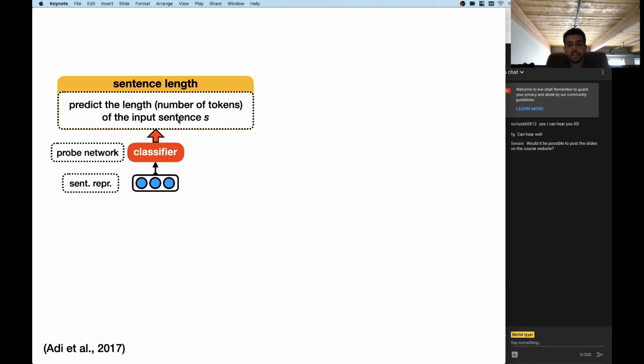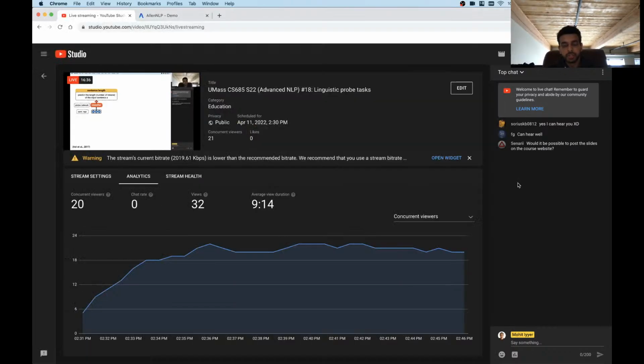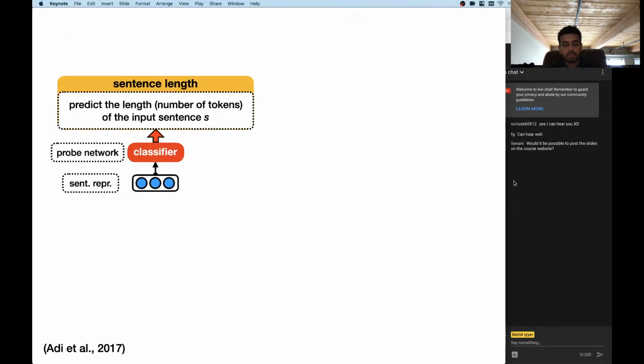In contrast to all of the other tasks that we've discussed to this point in this semester, here our goal is not to maximize our performance. It's rather to understand more about what our model has learned. All right, and as usual, feel free to type questions into the chat.